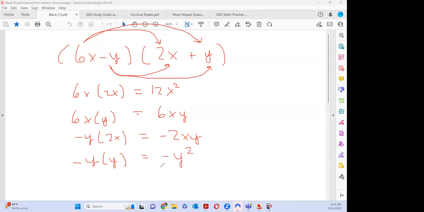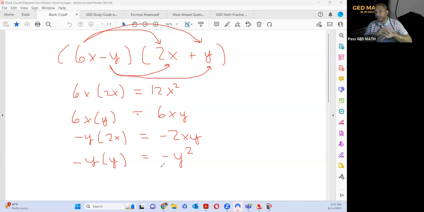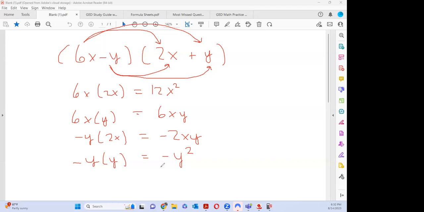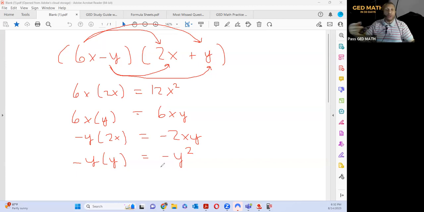Negative y squared. So for you to understand algebraic expressions, to be able to do inequalities, and to do all these things in algebra, you must know some basics. Signed numbers: you must know a positive times a negative is a negative. You must know y times y is y squared. And that's how we got negative y squared.